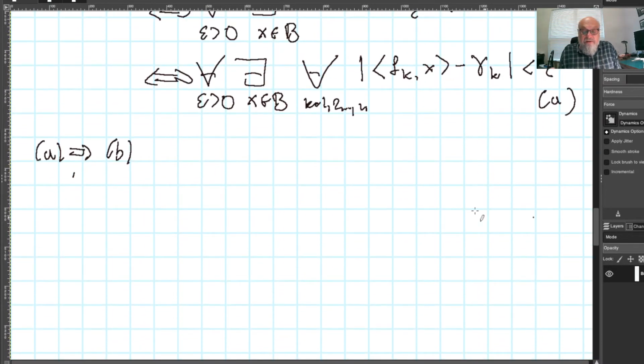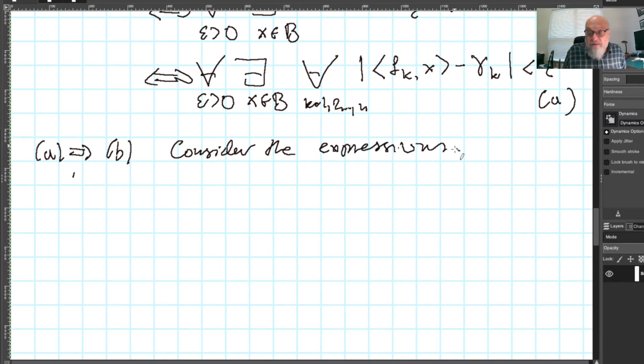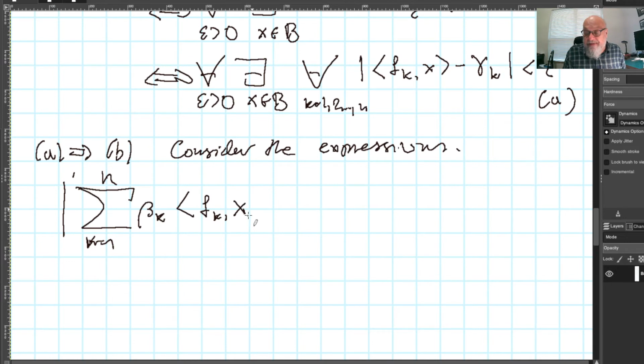Okay, so I write it down like this. Consider the following inequality, the following expressions. I take the absolute value, the sum k equal 1 to n of beta k fk of x, with this x with this epsilon. So this was chosen, so A is true, so I have that one.